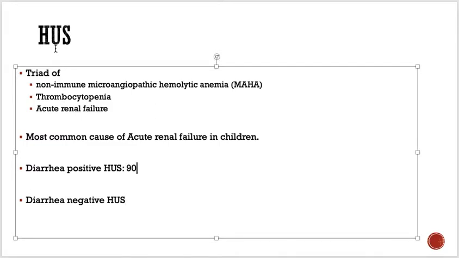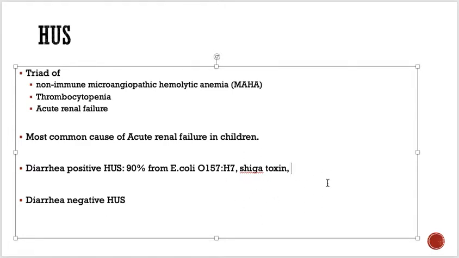90% of the time, this is the one. So, they get it from E. coli. It is called the O157:H7 strain. Though it can be caused by Shiga toxin, it can be caused by others as well, like Shigella, right?